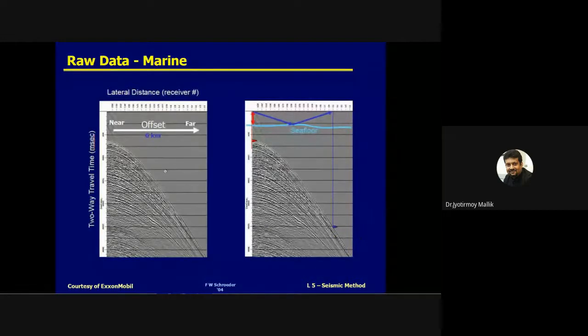As we have discussed, we have near offset data and far offset data. Near offset means the data which is from the detectors which are close by, and far offset is the data which is from a distance. Okay. Now you see what we have done.